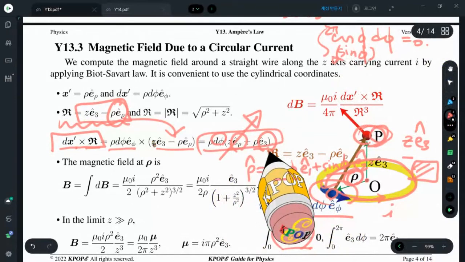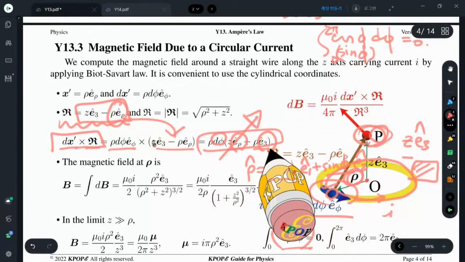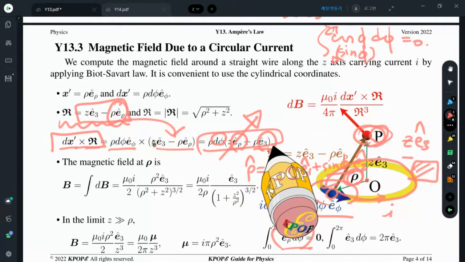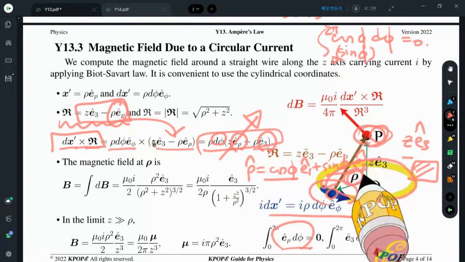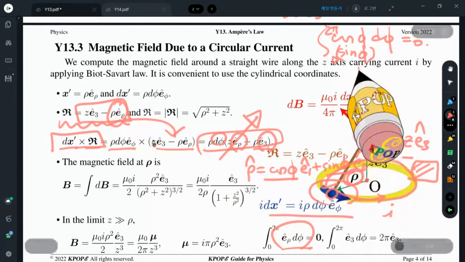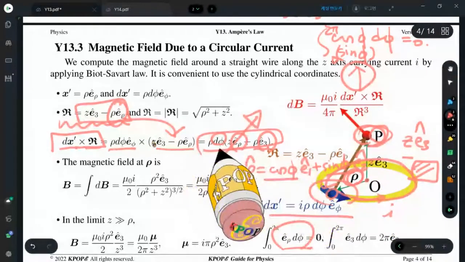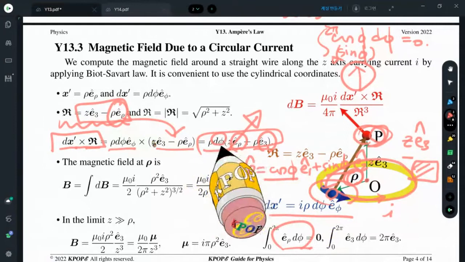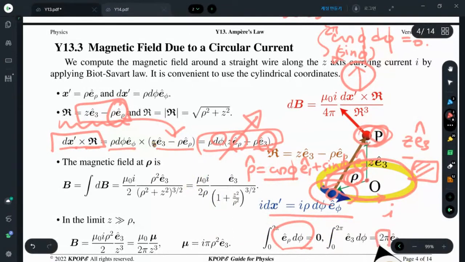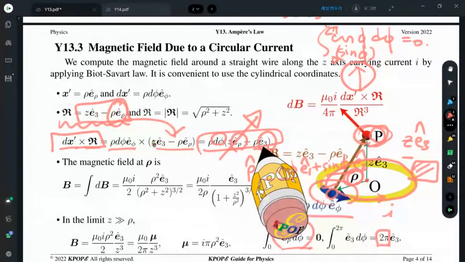What about this? This is independent of angle. Invariant under rotation. This z-axis is invariant. So if you integrate over phi, what you're going to do is just simply multiply by 2 pi.